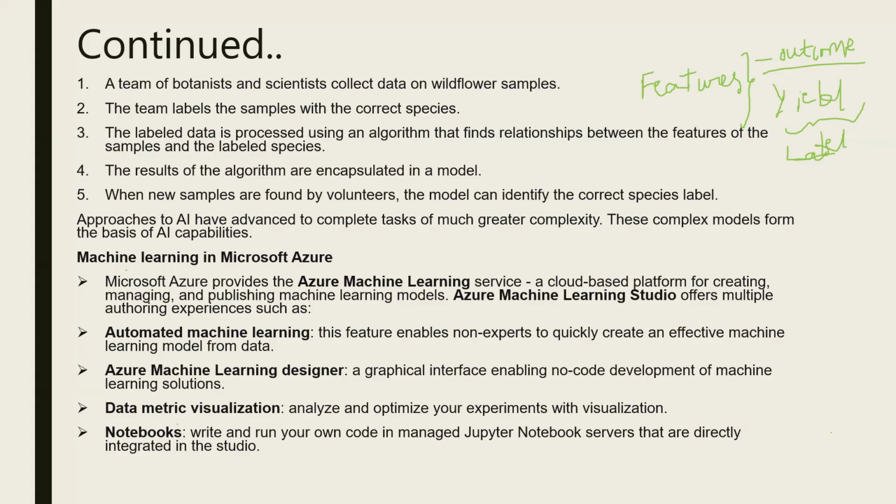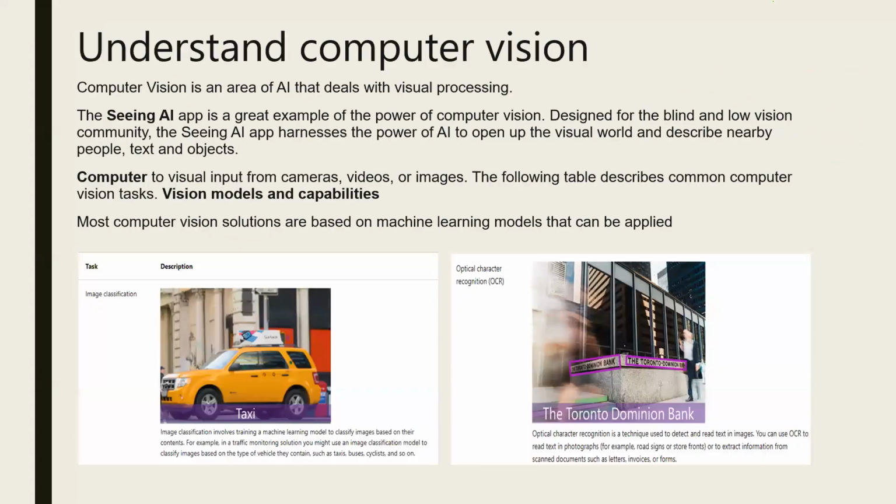So here we are going to understand computer vision. As I told already, there are some inbuilt apps inside Azure. One of the apps is Seeing AI. This is an app which we can download and use on our phones.